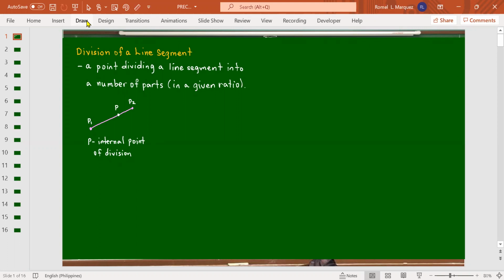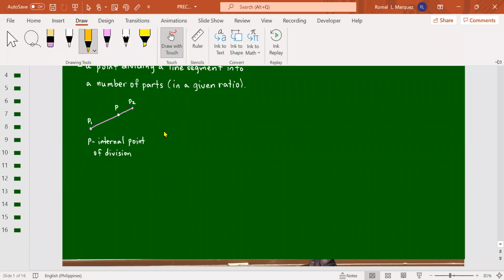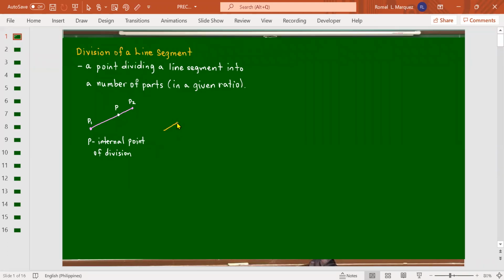But if you have a case like this, let's say I have a segment, and this segment is extended, let's say, 2 times its original length. It is extended up to this. Okay, guys? Reaching this point. So if this is my P1, and this is my P2, this is my point of division, which is outside P1 and P2.